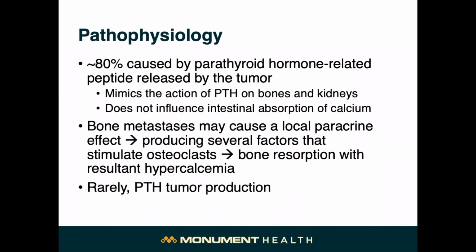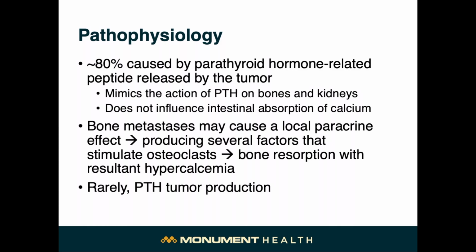To further expand on the pathophysiology of hypercalcemia of malignancy, approximately 80% of hypercalcemia is caused by parathyroid hormone-related peptide that is released by the tumor. This is really going to mimic the action of PTH on bones as well as the kidneys, and this does not influence intestinal absorption of calcium.